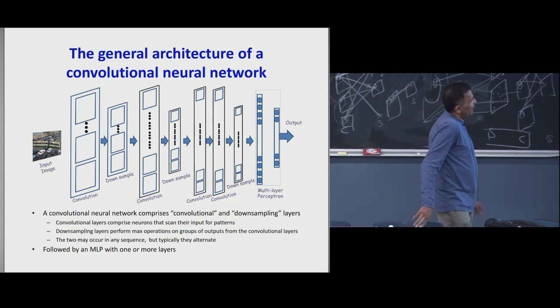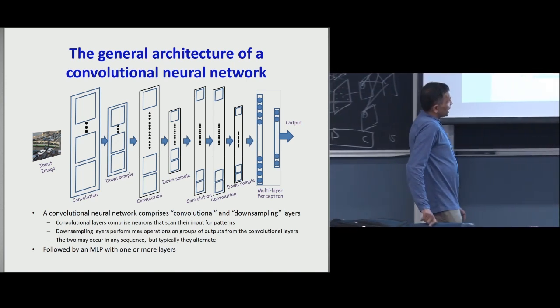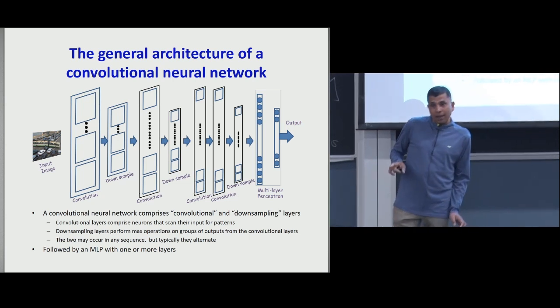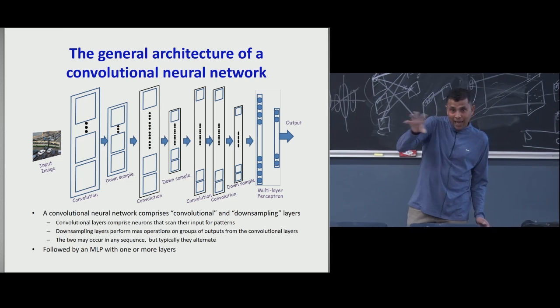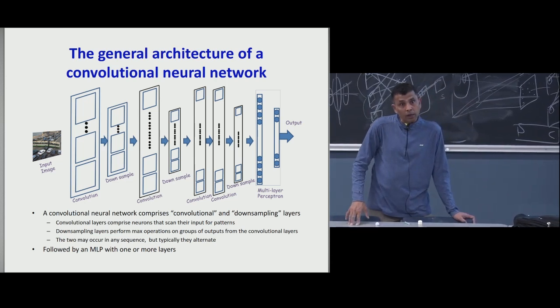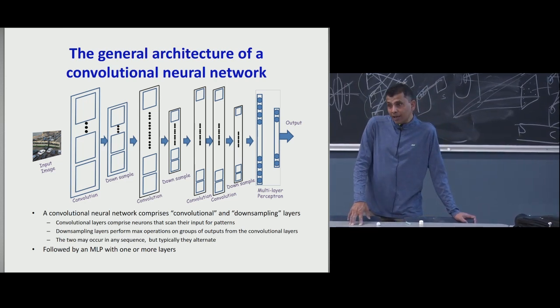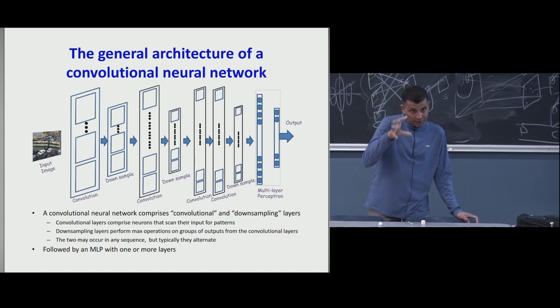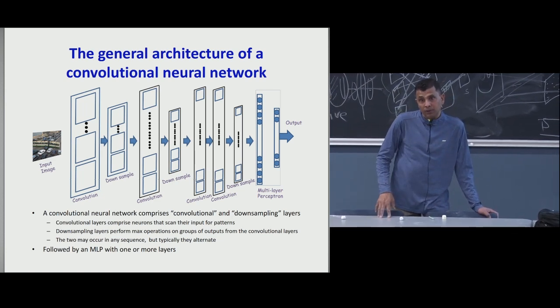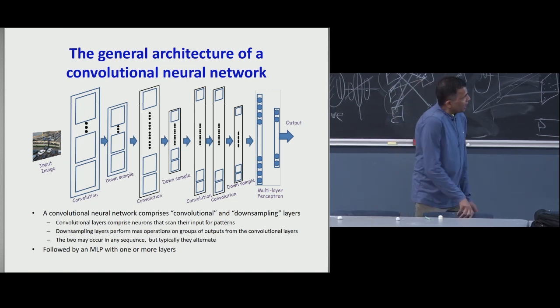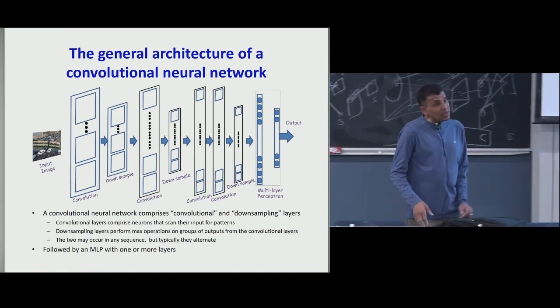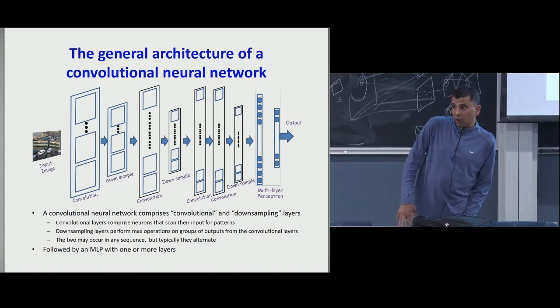So anyway, a convolutional neural network comprises convolutional and downsampling layers. The S layers are the convolutional layers. The scanning of an image, we will call it a convolution. The C layers, which actually take max votes, end up reducing the size of the S maps. These are the downsampling layers. And there's no need for every S layer to be followed by a C layer.